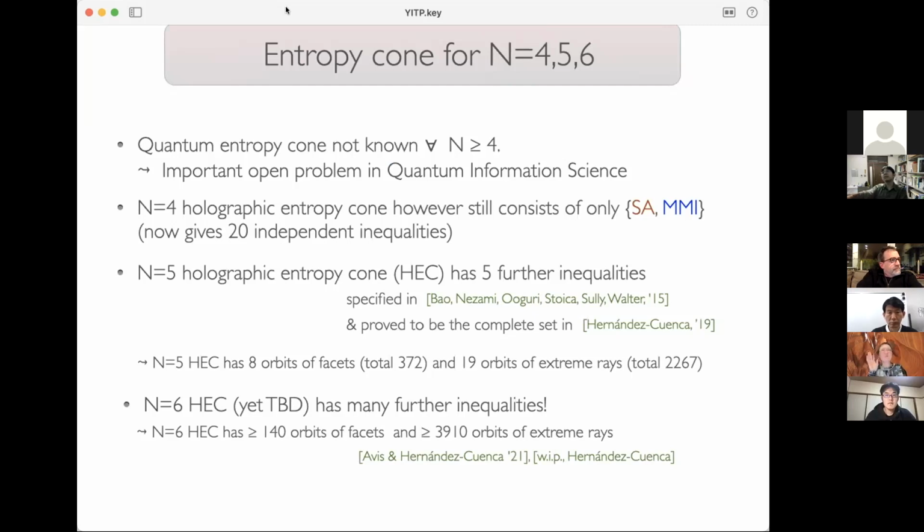But the philosophy is, it's not that we would extract the holographic entropy cone explicitly by this procedure, because even describing the subadditivity cone explicitly is complicated. Once you get past n equal to 6 or something, it's terribly complicated.